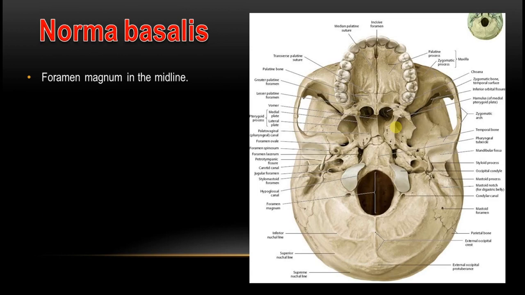So next, coming to the posterior part, the posterior third we have come here. And the posterior third mainly consists of a large foramen that is actually called the foramen magnum. So this large foramen you see here, that is the foramen magnum. And then you see the occipital bone, squamous part.